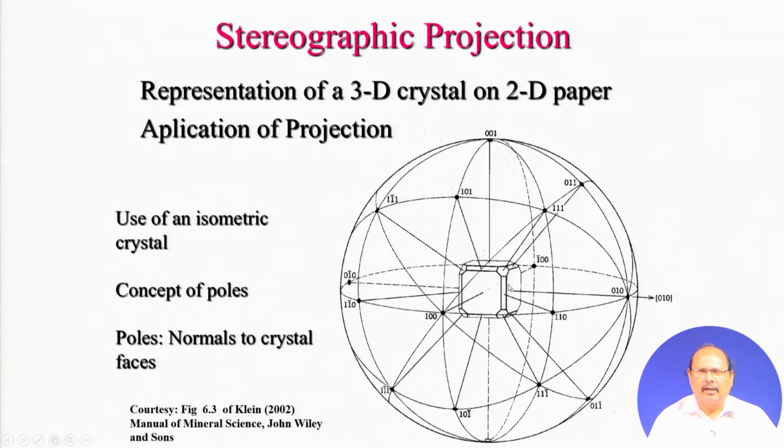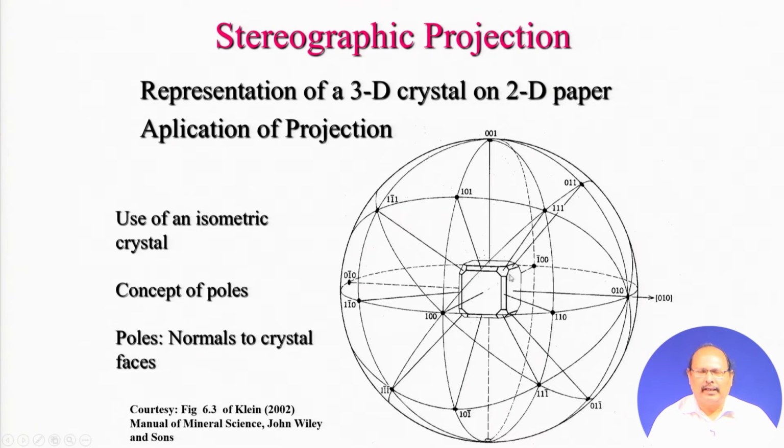Whereas, you also have a vertical face here. This is the face which is parallel to the vertical A3 axis, and it has intersected the A1 axis and the A2 axis at unit cell lengths. So, in the position of A3 there will be 0. So, this face can be named 1, 1, 0.